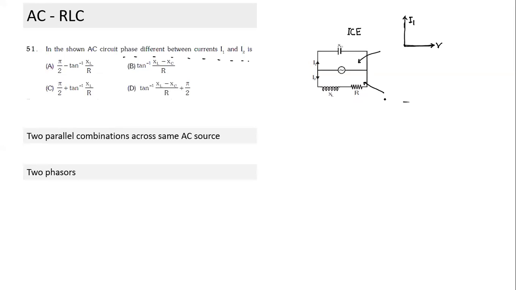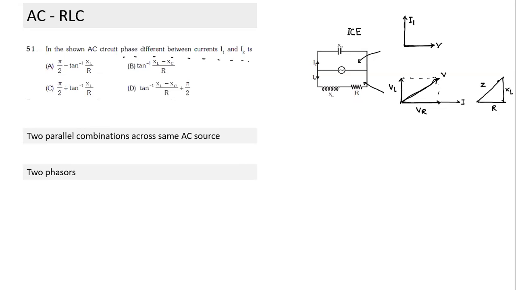This is how we draw it: we draw I here, and then this will be VR, this is VL, and this is V. In terms of resistances, this is R, this is Z, and this is XL.